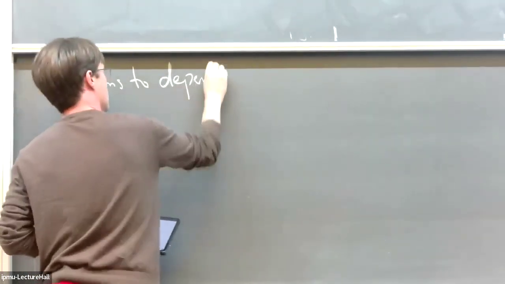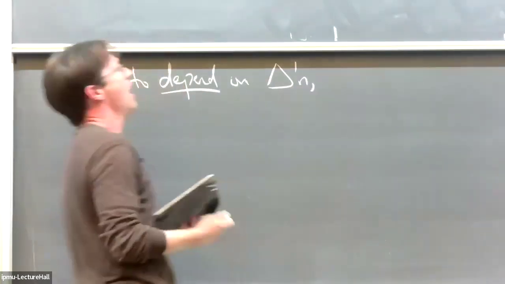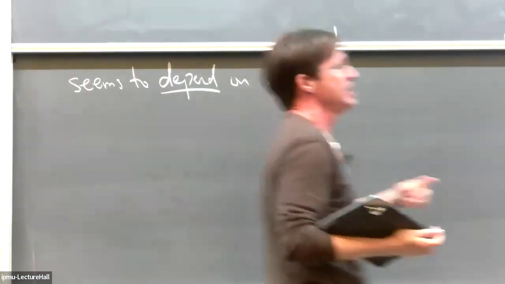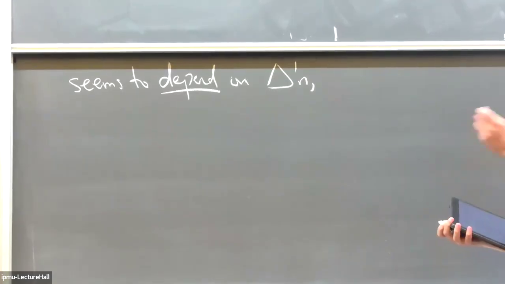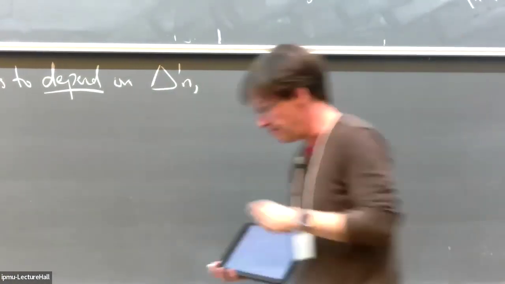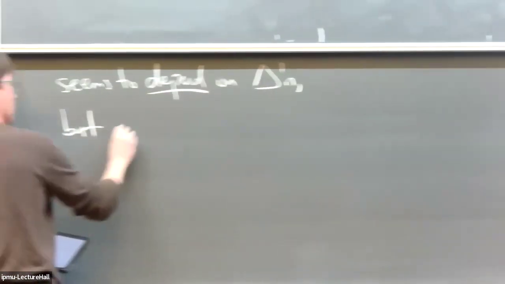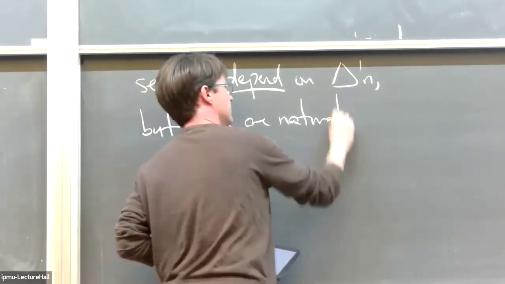So it seems to depend on the choice of triangulation. But what Chekhov and Goncharov showed is that if you have two triangulations that differ by a flip, there's actually a canonical isomorphism between the corresponding spaces, which intertwines with quantization. There are natural intertwiners.